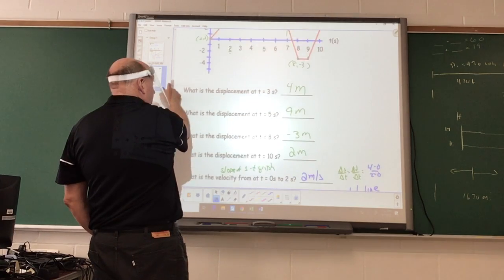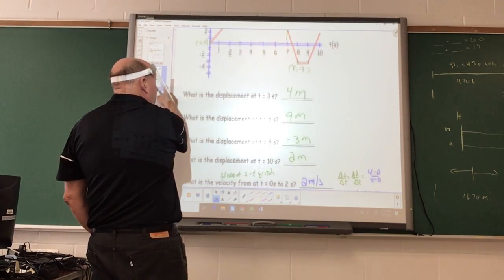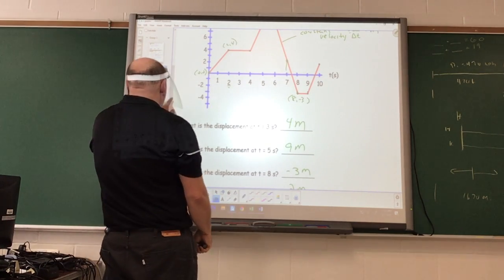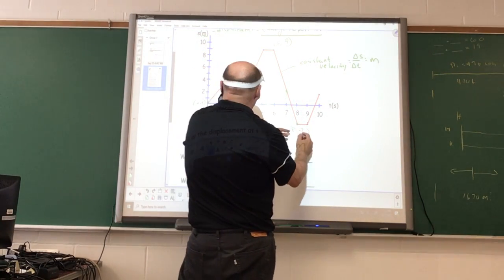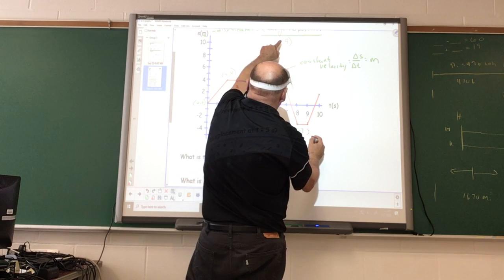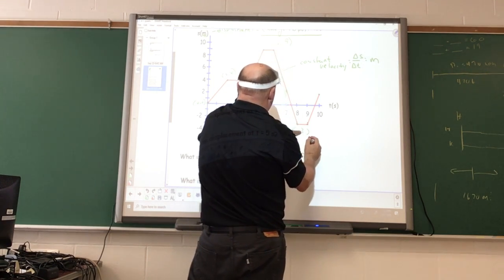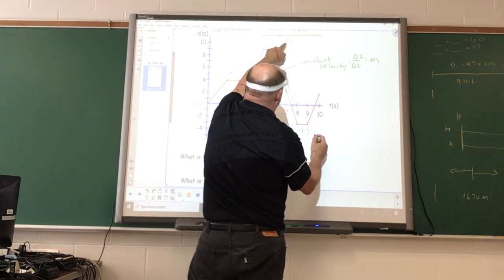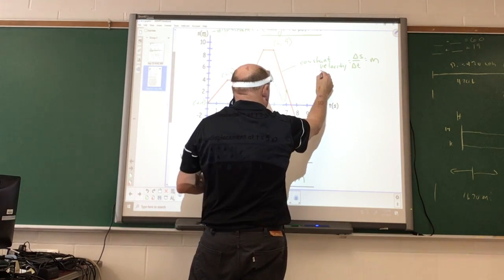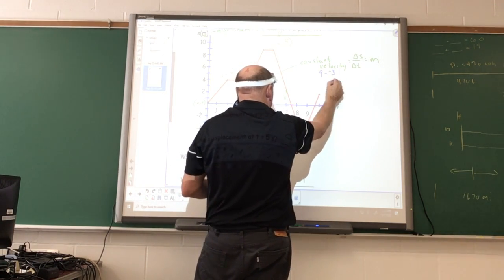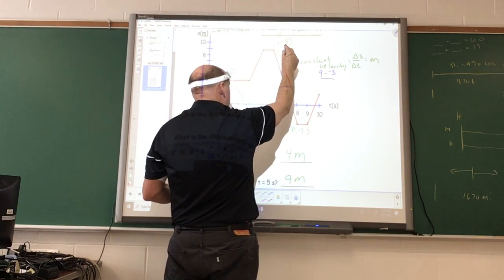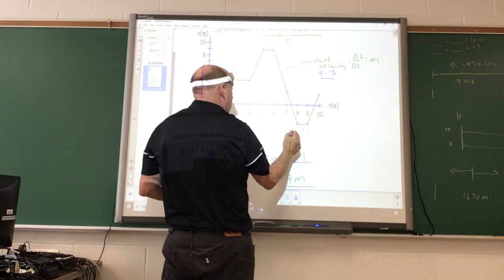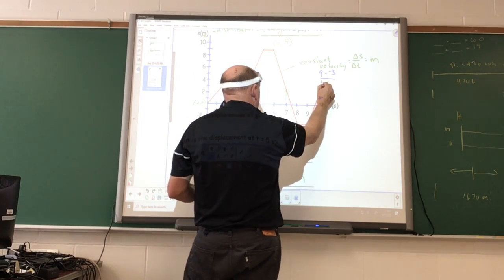So if we take a look here, we have our slope, we have delta S, which is 9 minus -3, subtracting our 2 y values, over 6 minus 8.